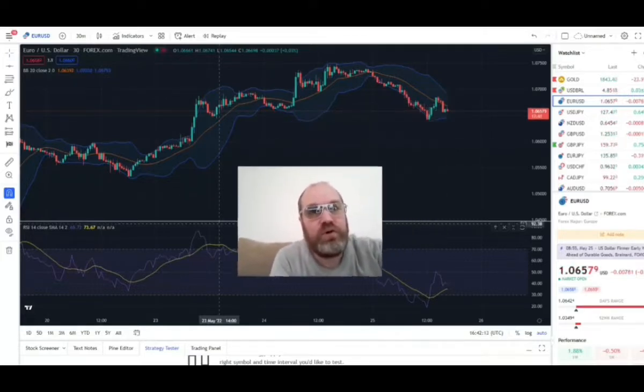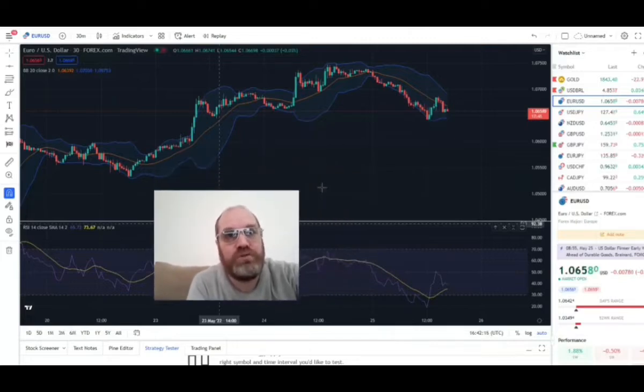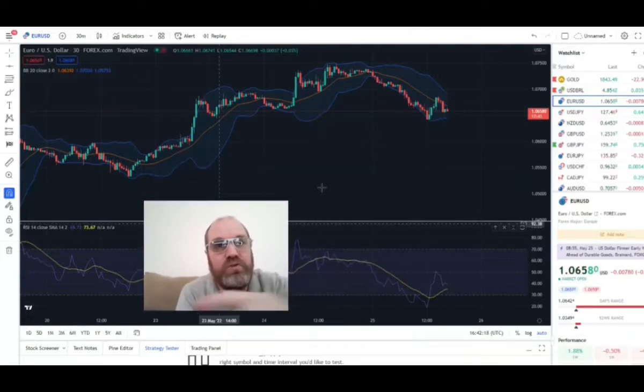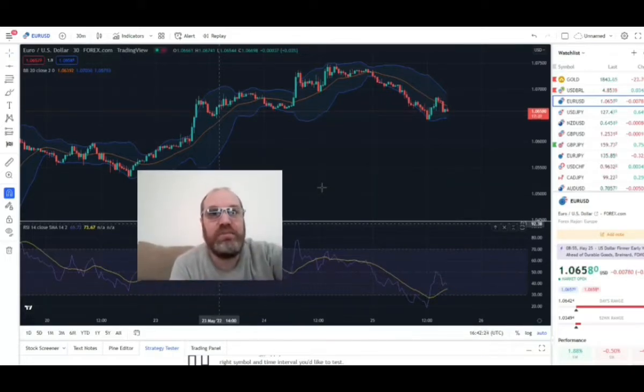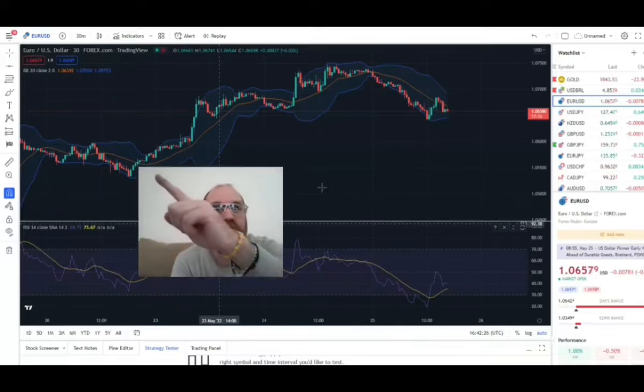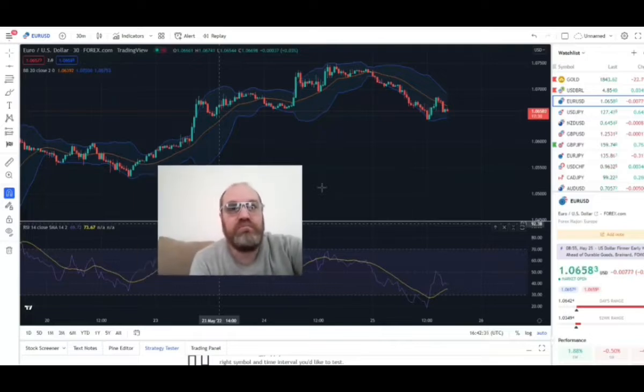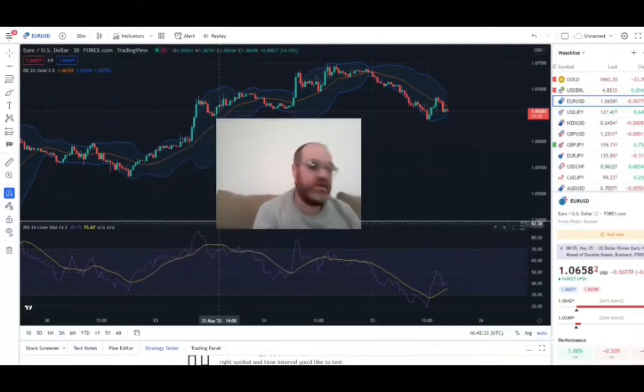So first of all, let's take the first option. It's a very good indication when the RSI crosses the middle line, and you can see that that happened also with the Bollinger Band. When that happens, let's zoom in a little in that area.